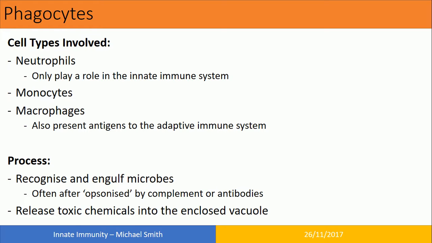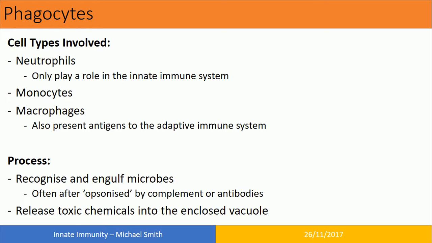So the process of phagocytosis involves recognizing a foreign antigen, and this is often going to be, as it's the innate immune system, our PAMPs and our DAMPs, and these will be engulfed by our neutrophils, monocytes, and macrophages.